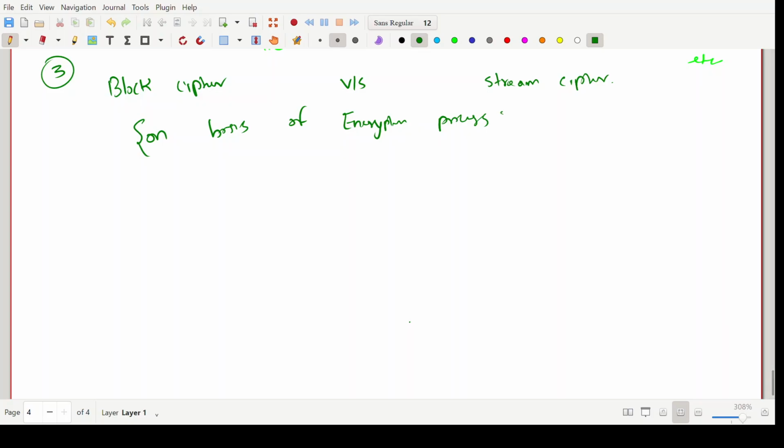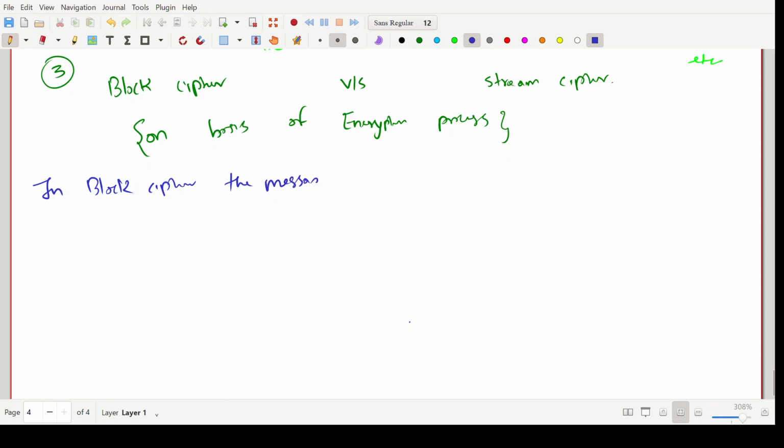That means, what happens in the block cipher? See, in block cipher, the message is encrypted after being divided into fixed size of blocks.